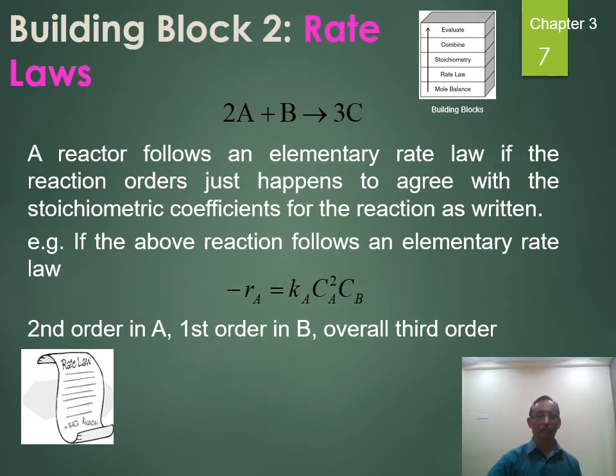So it is second order with respect to A and first order with respect to B, and the overall order is 2 plus 1, that is 3. This way we identify this as a third order reaction overall, second order with reference to A and first order with respect to B. So you have to write the rate of disappearance of A, minus rA equal to kA, correctly.